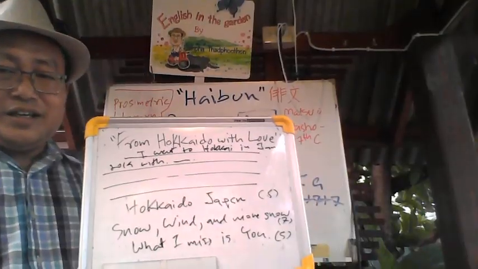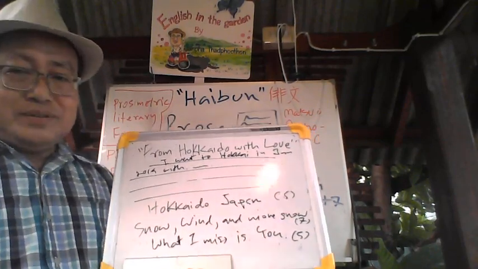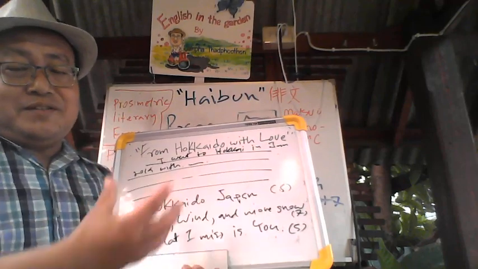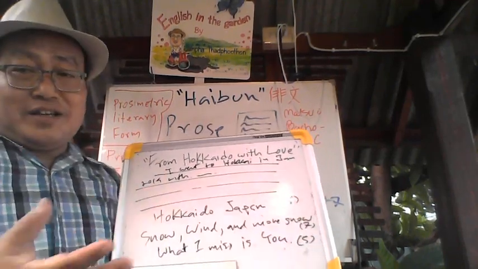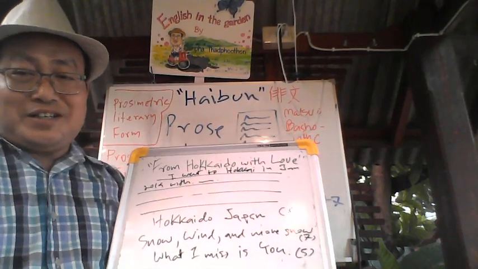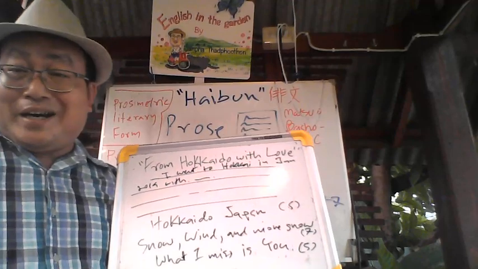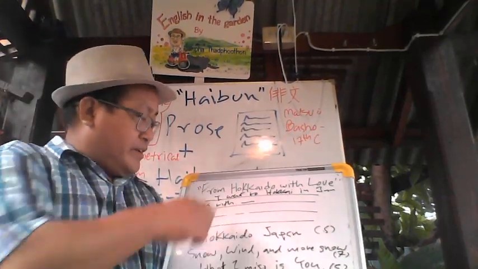And you can see here, I'm actually showing you a very simple example. Normally, when you write a haibun, you need to have a title. So the title here, because I went to Hokkaido last year in January, is From Hokkaido with Love. This is my haibun's title, From Hokkaido with Love.